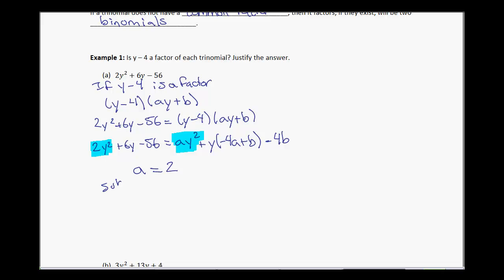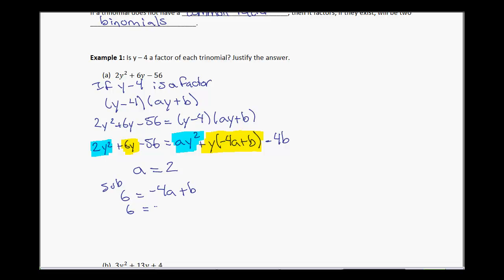So let's substitute. And we'll have the fact that our 6y should match up with this y times minus 4a plus b. So let's say that 6 equals minus 4a plus b.